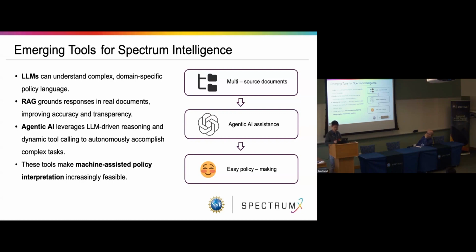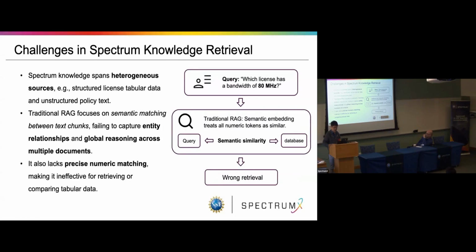And last but definitely not least, agentic AI allows us to put everything into the same framework, calling different tools to solve different problems. All these tools have matured a lot over the last year or so in industry and academia, so we want to build on this to have machine-assisted policy interpretation, so that we can use that to answer potential policy questions.